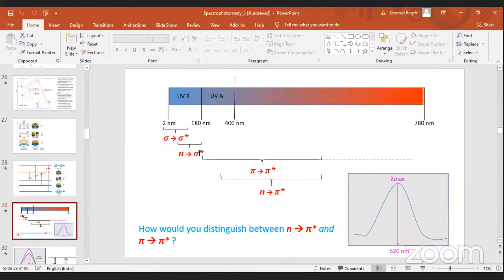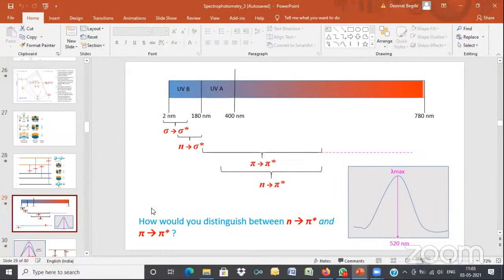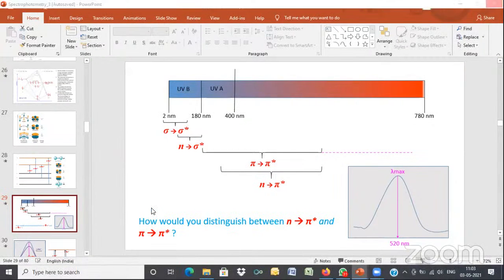So we were discussing something about the molecular aspects of how electronic transitions within a molecule are important in terms of understanding the range of wavelength in which these molecules will tend to absorb.